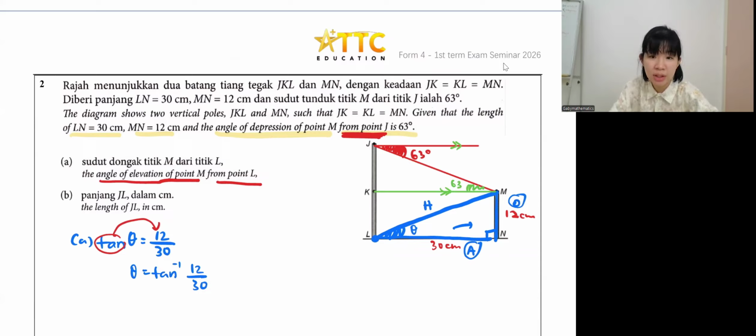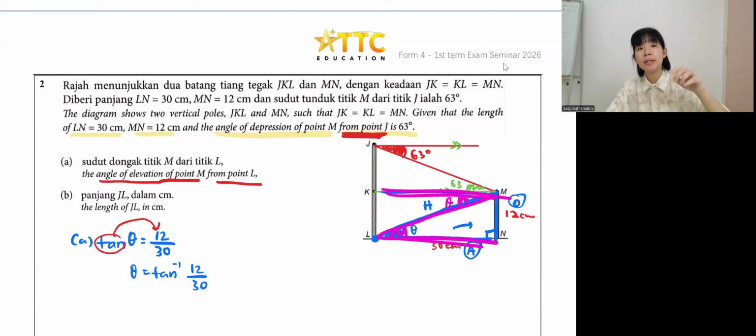Here only 63. Then this angle is the same as which one? Is it the same as 63? No, this angle is the same as these two lines. Okay, these two lines are parallel, so we can zigzag. This theta is the same as this one. If you really want to say equal, 63 is equal to this. Then the theta we want to find is equal to this. So it's not 63.